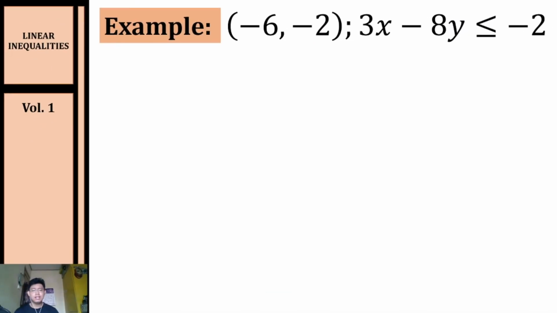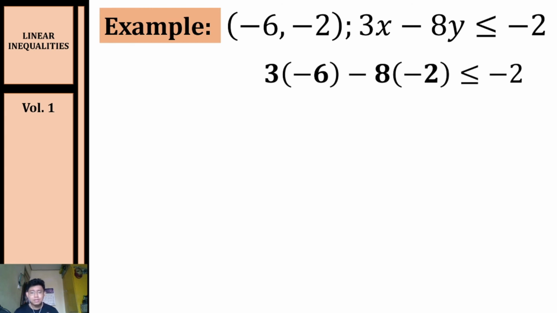Alright, okay, let's have our last example for today. So for example, we're going to test (-6, -2) if this is a solution to this inequality 3x minus 8y is less than or equal to -2. Now let's substitute it to our inequality. So we will have 3 times -6 minus 8 times -2. Is it less than or equal to -2? Now let's multiply.